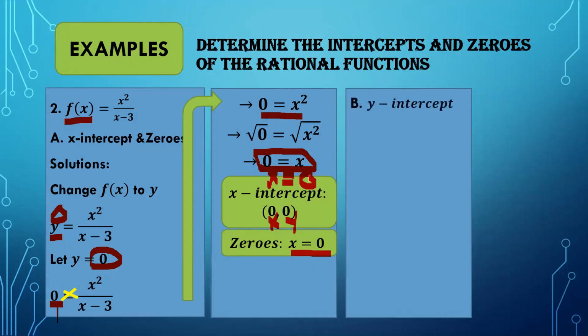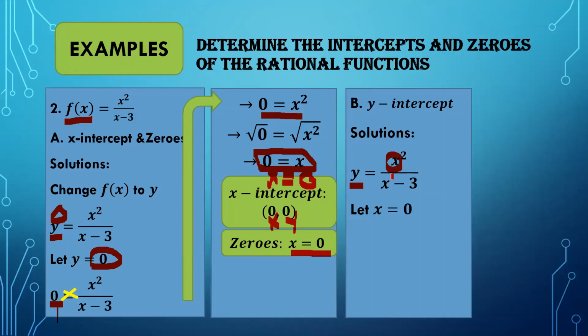So next we have the y-intercept. Solutions: again, we change f of x to y. So we have y is equal to x squared all over x minus 3. So let x be equal to 0. So all x will be 0.